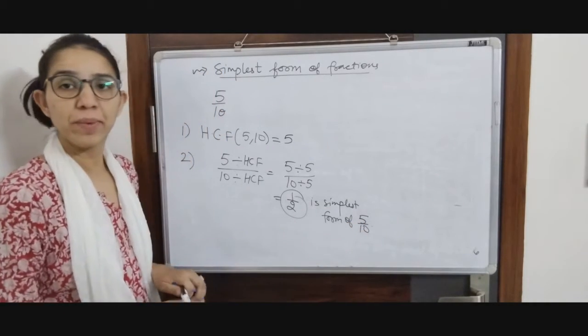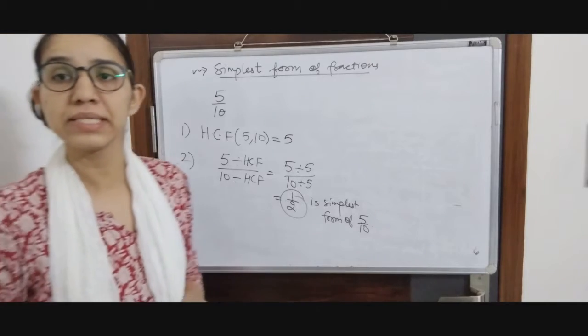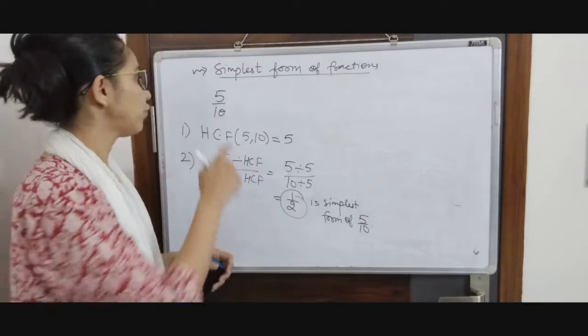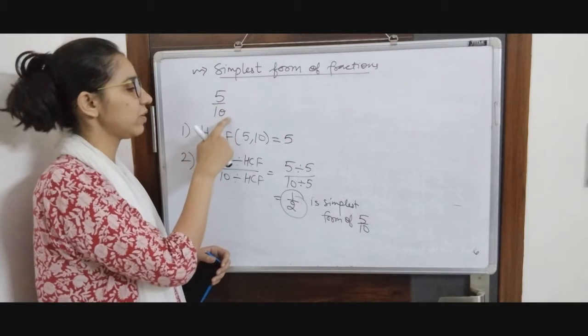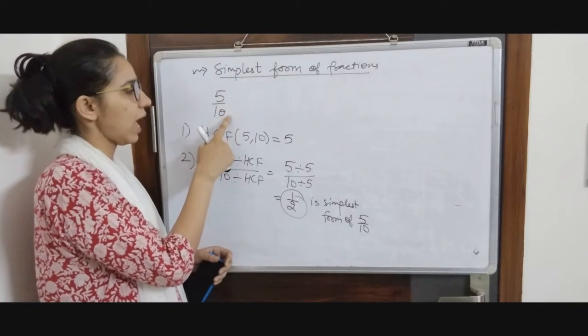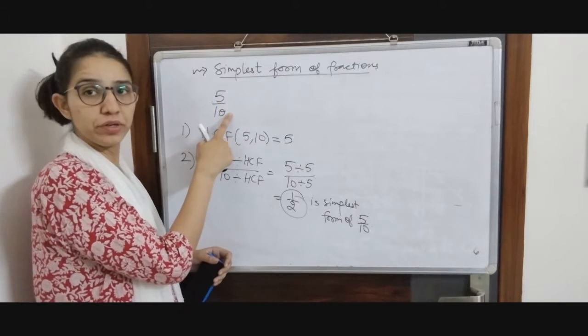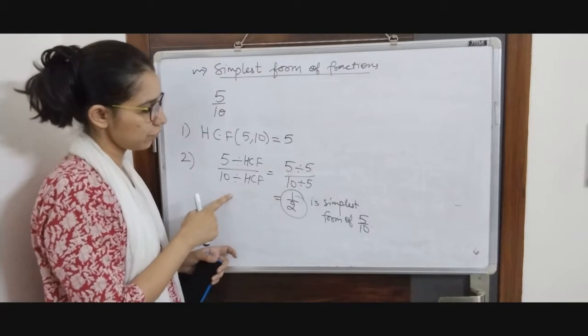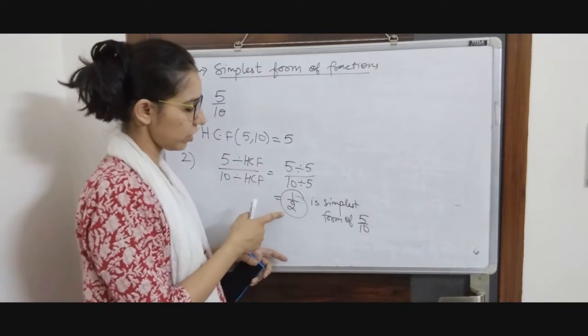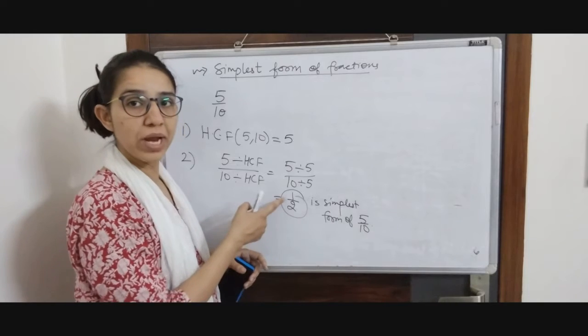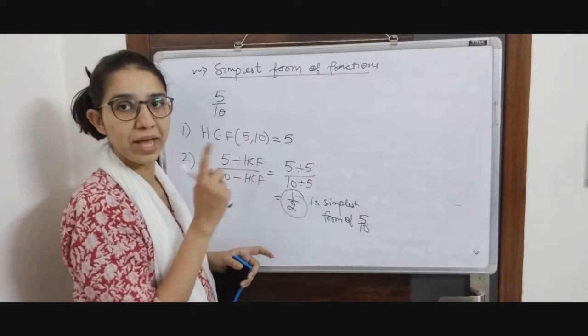So why are we dividing by HCF? Because HCF represents the highest common factor. So we will check the common factor, and we will divide the numerator and denominator by the HCF, and we will get a fraction which is in simplest form, which will have the common factor between them as 1.